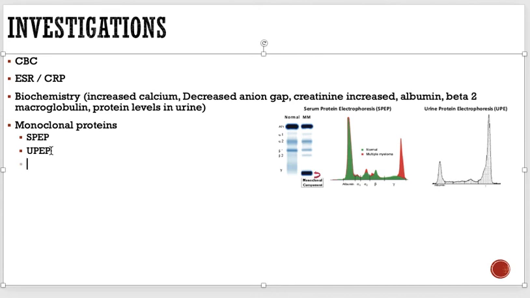One thing which we can do to catch the monoclonal protein is called immunofixation. Now, what is immunofixation?